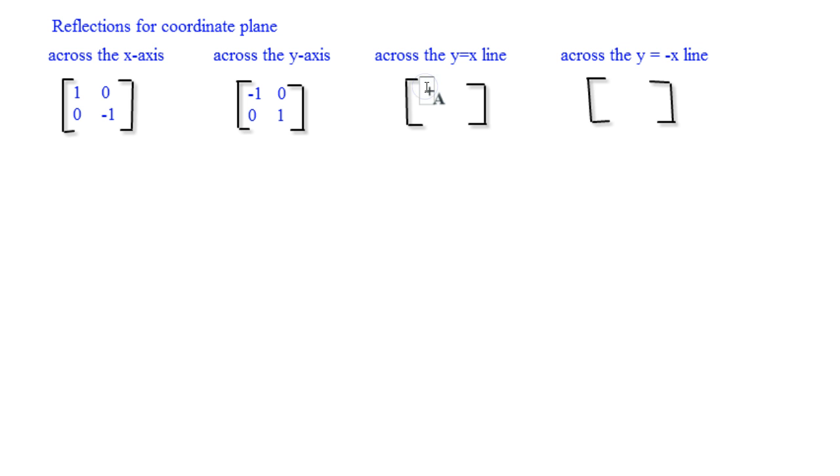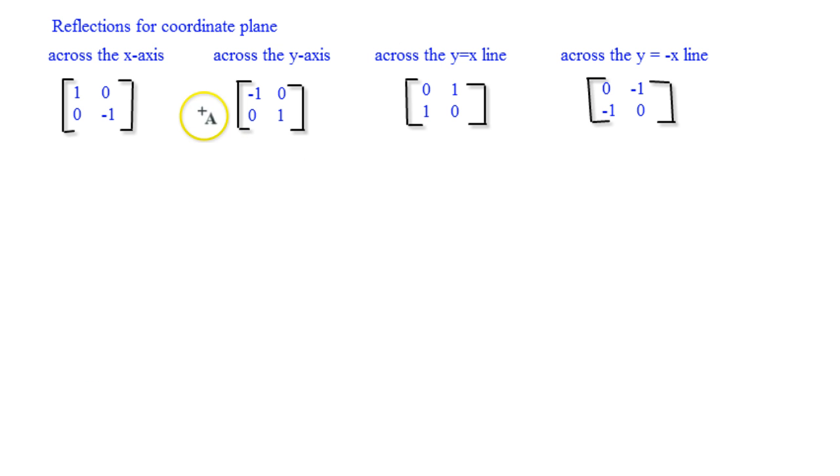If it was across the y equals x line, it would be 0, 1, 1, 0. And across the y equals negative x line, 0, negative 1, negative 1, 0. So with reflections and rotations, you're actually going to be doing some matrix multiplication.